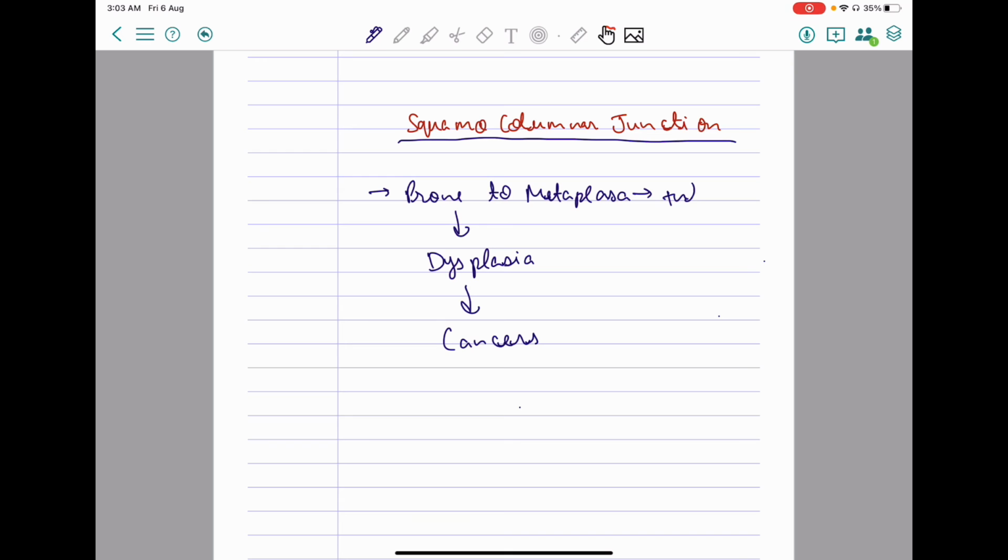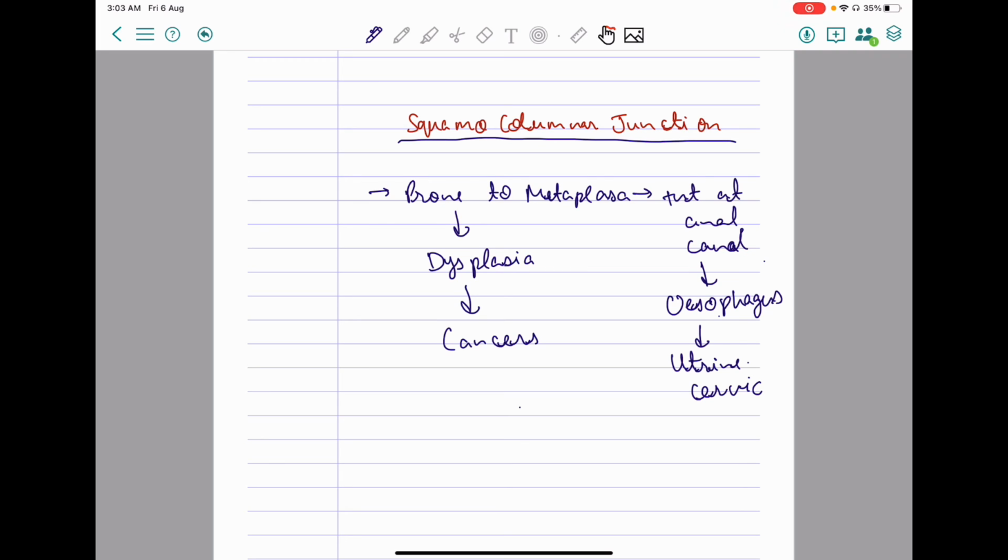And where is it present? It is present at the anal canal. Where else? The esophagus. And the last one is the uterine part, or you can say the cervix.